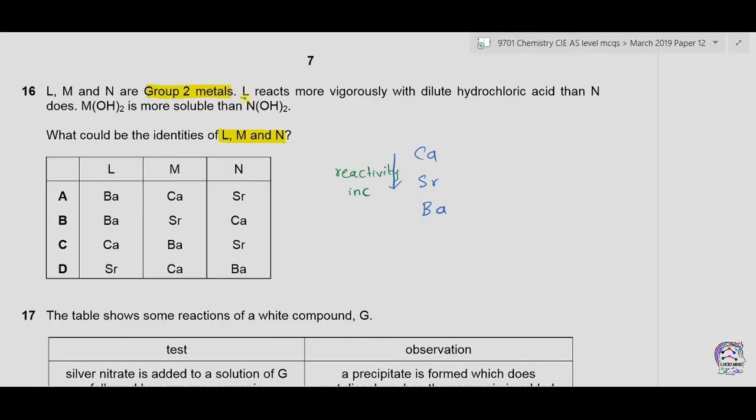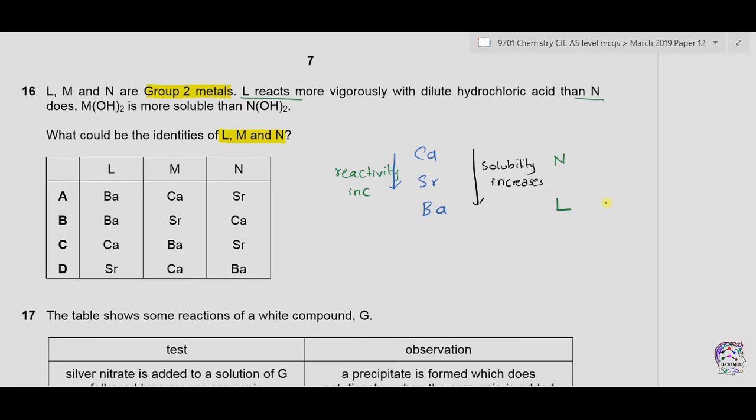As in the question it says L reacts more vigorously than N, it means L is below N. We also know that the solubility of hydroxides of group 2 metals increases down the group. In the question they say that M hydroxide is more soluble than N hydroxide.